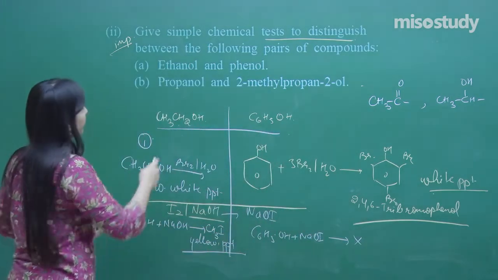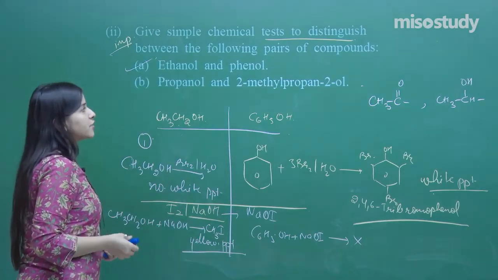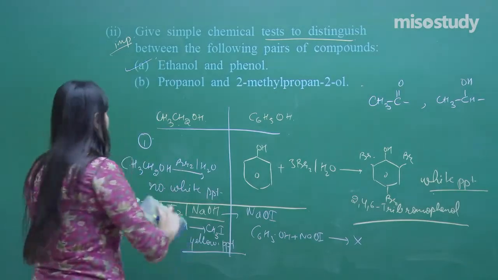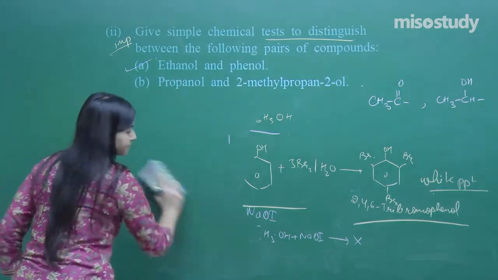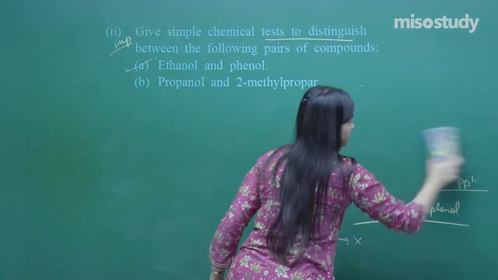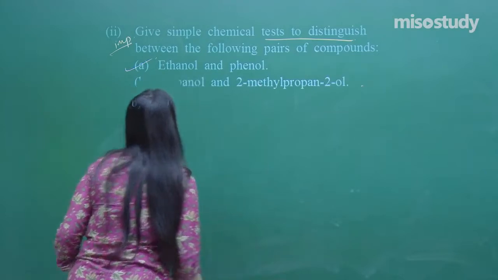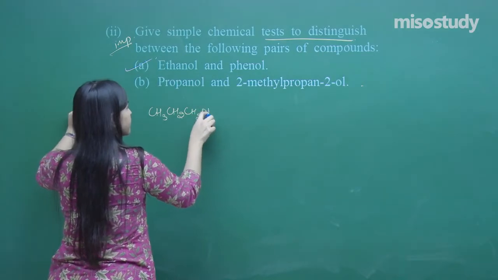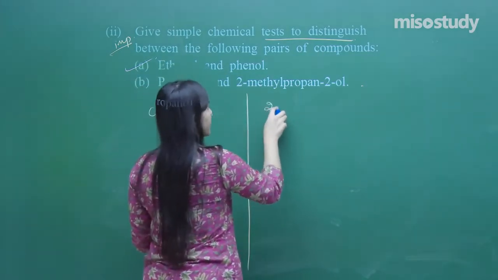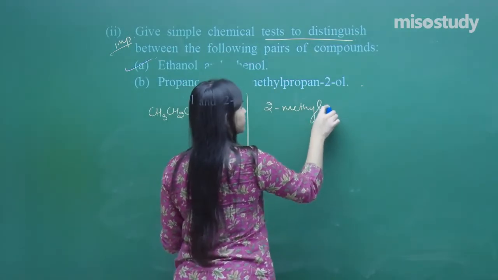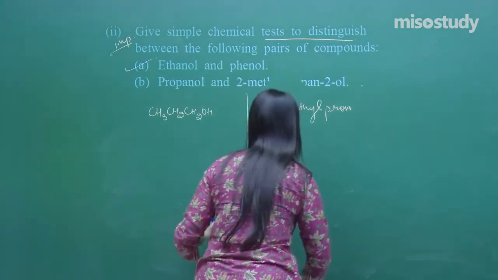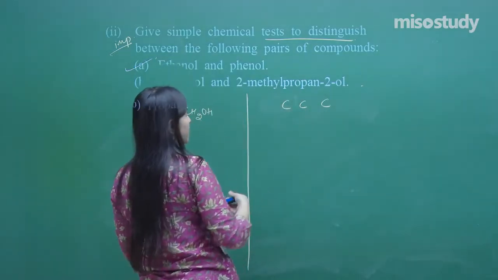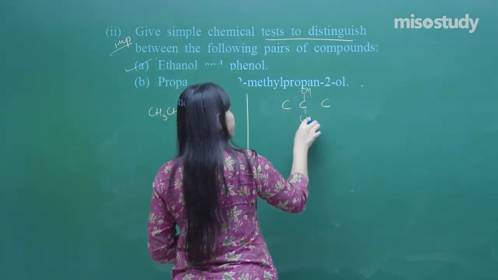Clear? So the first is done. Next, propanol and 2-methylpropan-2-ol. First just try to write the structures for these. Propanol, and 2-methylpropan-2-ol.